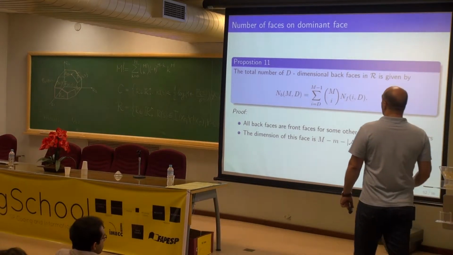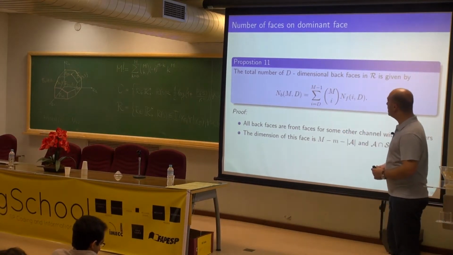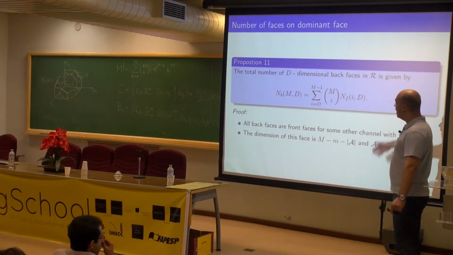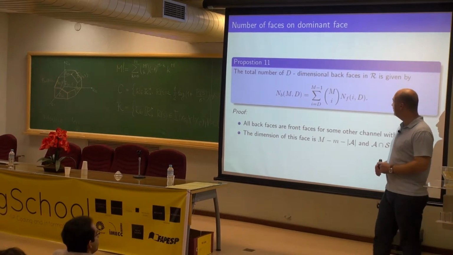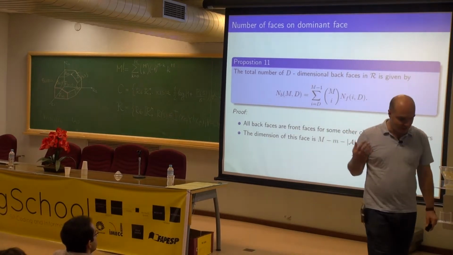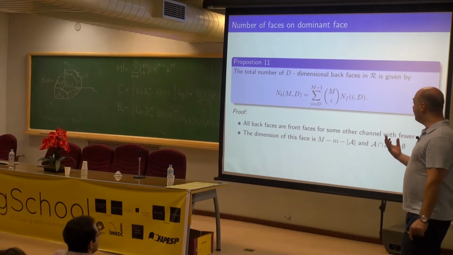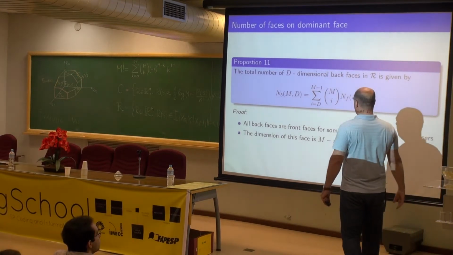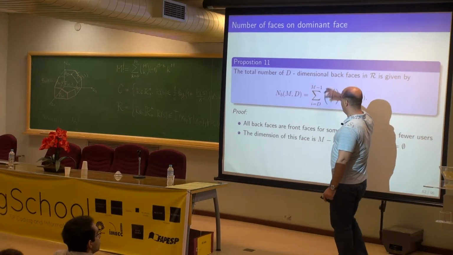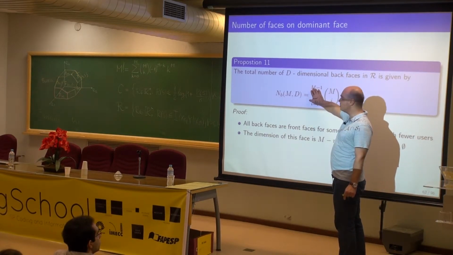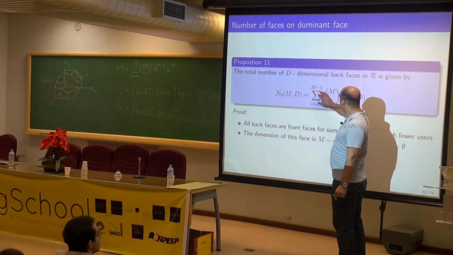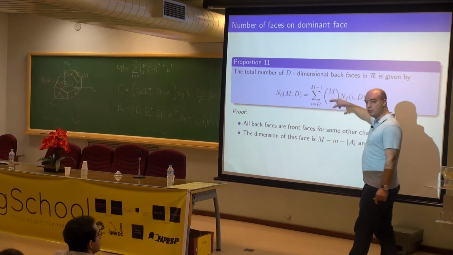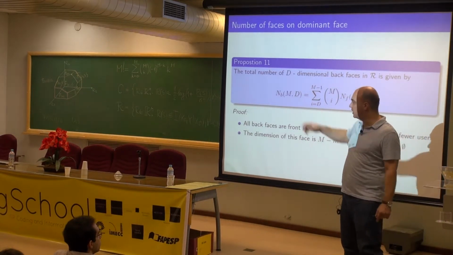Now we want to count the d-dimensional back faces, and it's again an interesting formula that I mentioned a little bit earlier: any back face is a front face in a lower dimension. When we start from m and go to lower dimension, the first back face is at dimension m minus 1, and we have m choose m minus 1 such dominant faces, which in this case will be 3.